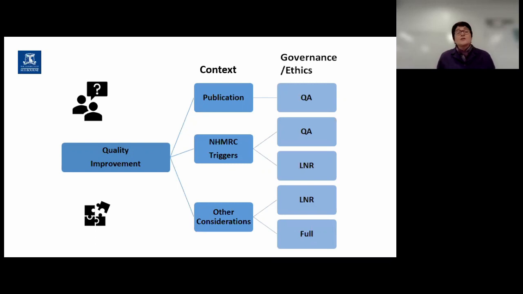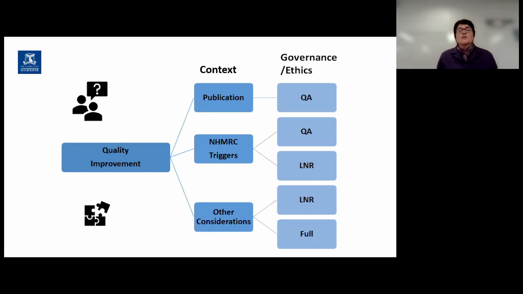If the context included those NHMRC triggers that I've just spoken about, it may remain as a quality assurance activity requiring ethical review, or it might actually then become a low or negligible risk human research activity and may need to go for ethics to the HREC or the Human Research Ethics Committee.